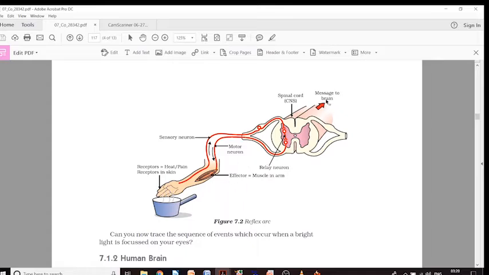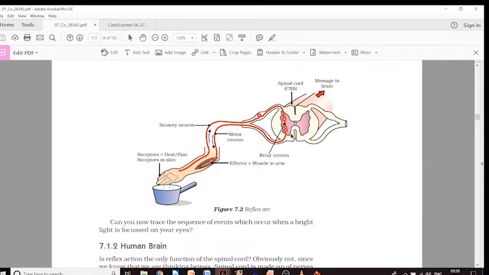It is just aware that something has happened, but the main function is done by the spinal cord. The spinal cord protects us from this kind of thing. Whenever we do a reflex action, our spinal cord is responsible for it. The brain is just aware of the fact that we have done some reflexes. That's it.